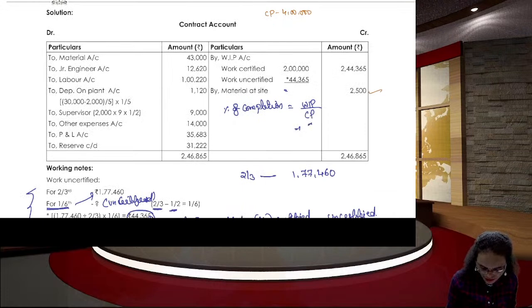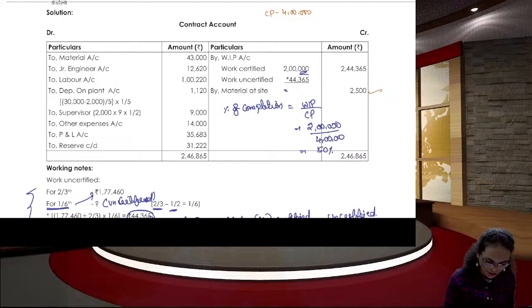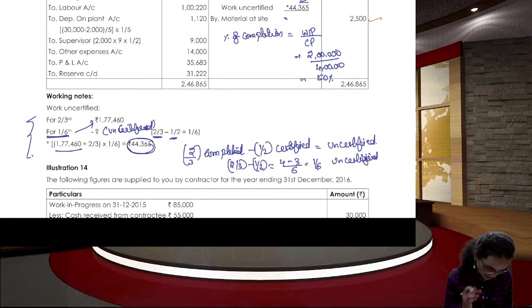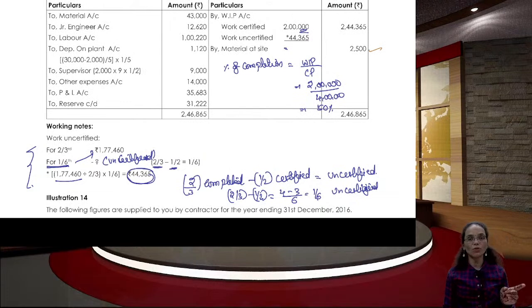Work in progress is 2 lakhs rupees here and contract price is 4 lakhs rupees. So it is only 50%. If it is 50%, you need to transfer only up to 50%.